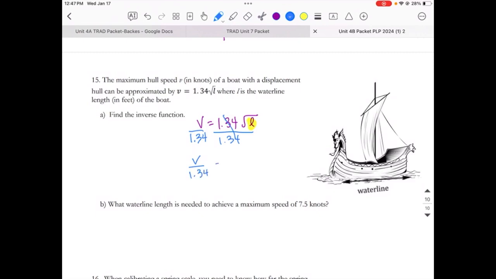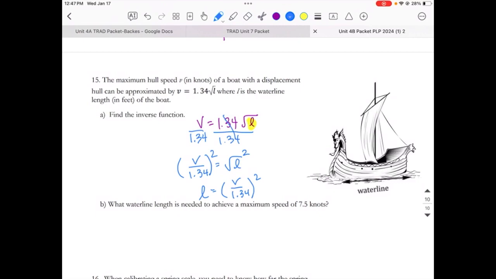So we get v over 1.34 equals the square root of L, and then we're going to square both sides and make sure you square the whole thing. So L is going to equal v over 1.34 squared.